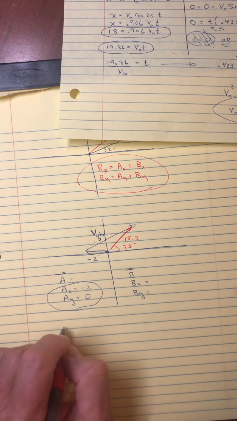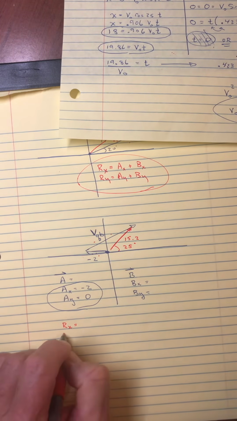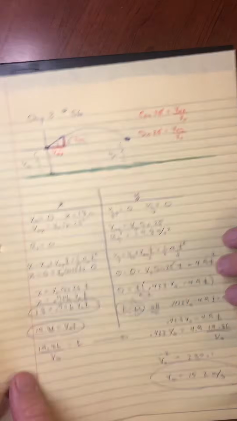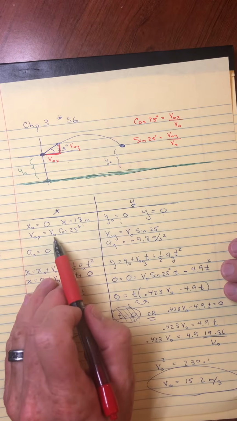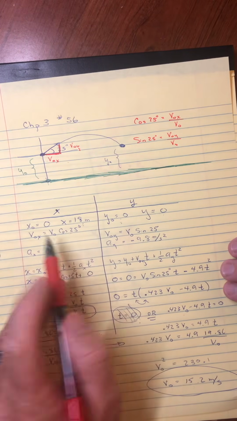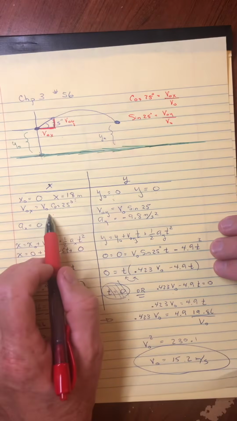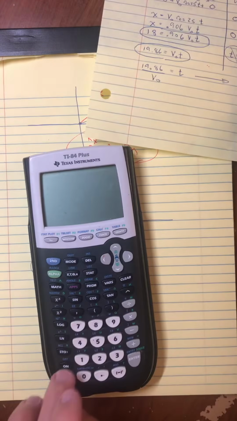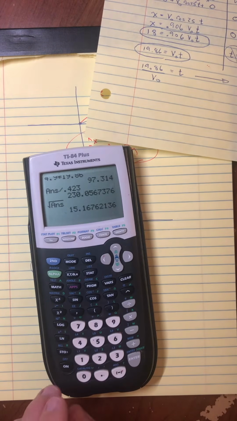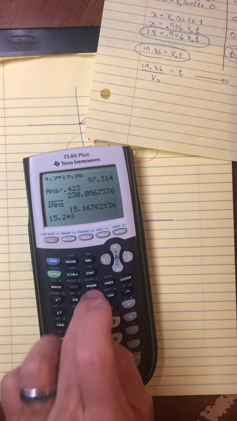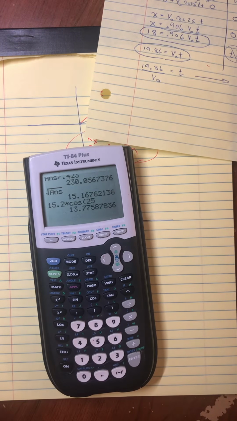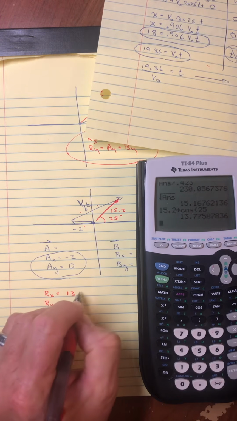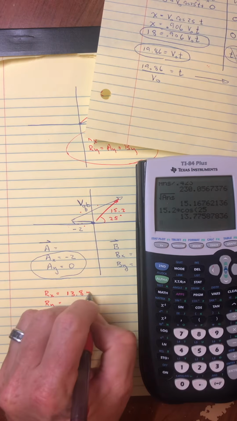In fact, why don't I just say then, and I'll put right here, what is the resultant in the x and the resultant in the y? And that's what we had here, right? This is the initial velocity times cosine of 25 is the resultant in the x, and this is the resultant in the y. So grabbing my calculator and going 15.2 times the cosine of 25, the resultant in the x direction should be about 13.8 meters per second.